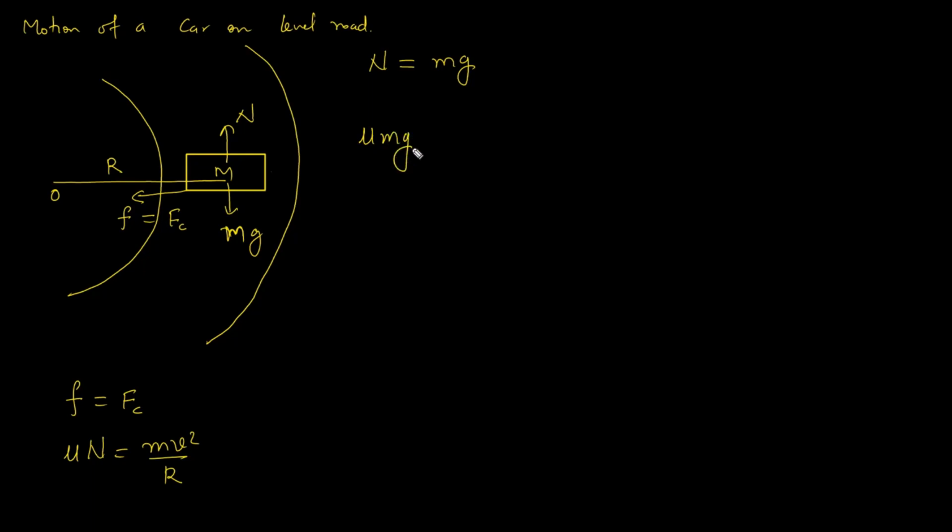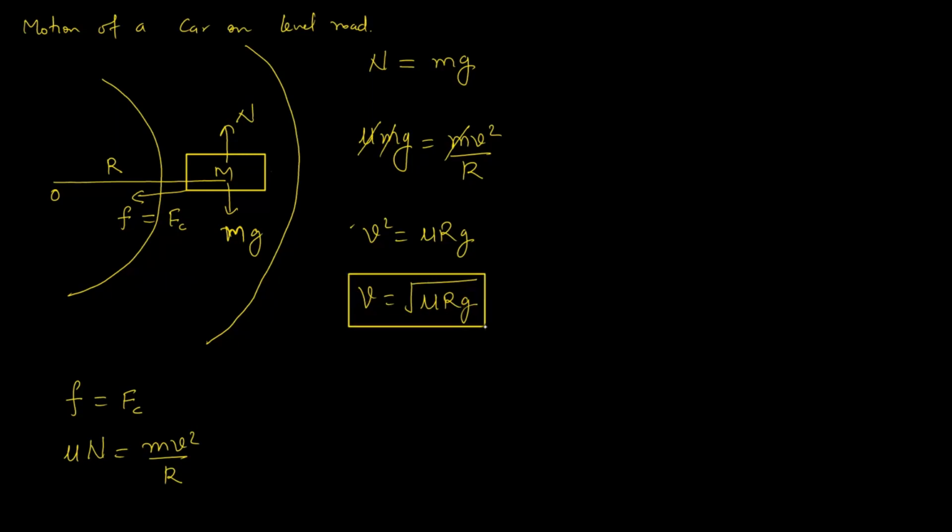So mu mg equals mv square upon capital R. Cancel m. So v square will be equal to mu r g, so v will become the square root of mu r g. This is also known as the optimum or the safest speed for the car driver. I hope it is clear to everyone.